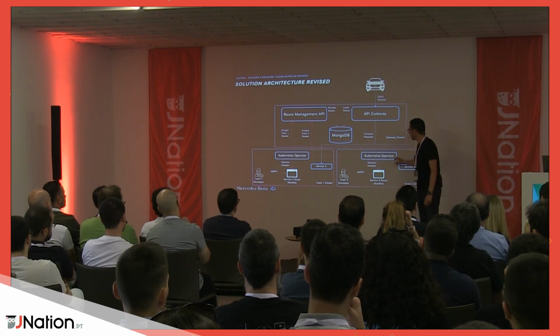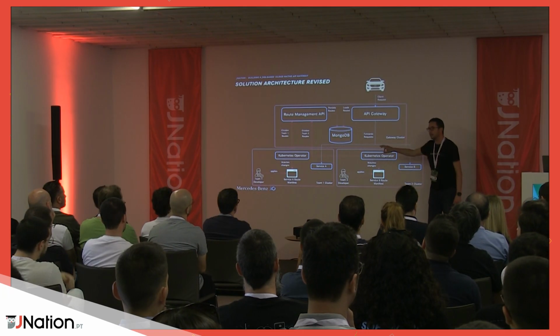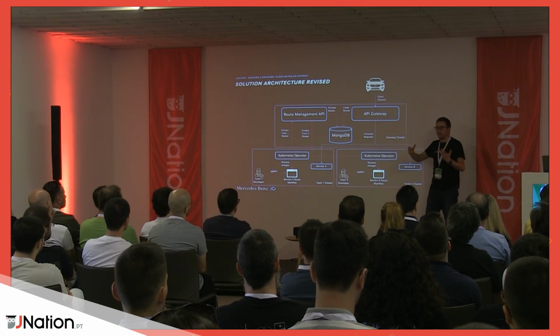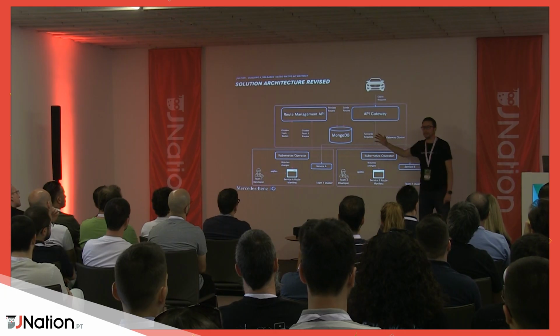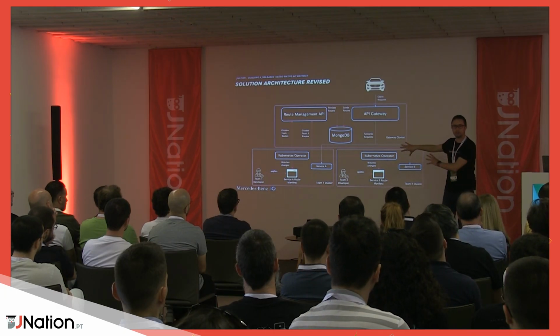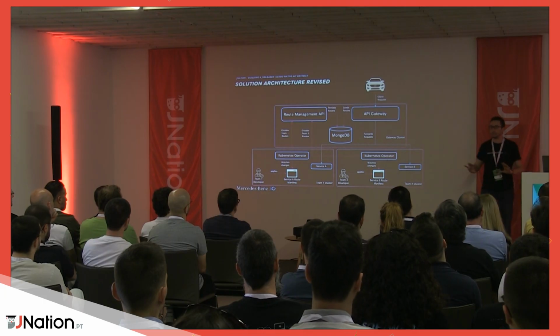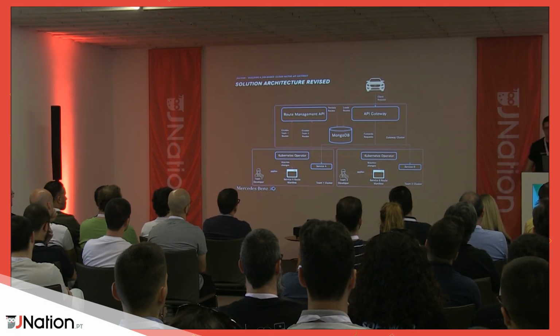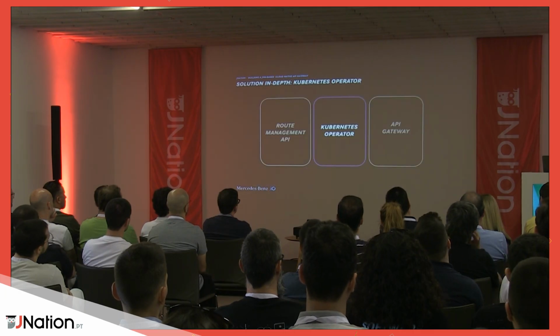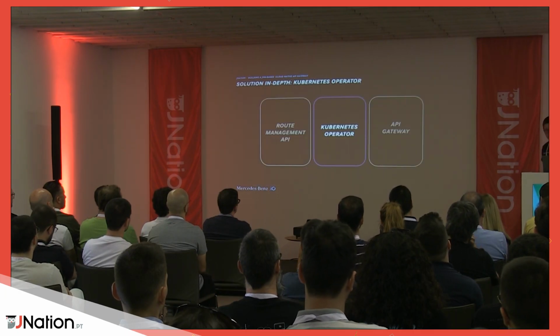It's this component, running on every cluster, that propagates and applies the routes directly on the route management API. So from the user perspective, they only work on their own cluster. They never need to talk with any other external system. So we have identified the third component of our solution, which is the Kubernetes operator.